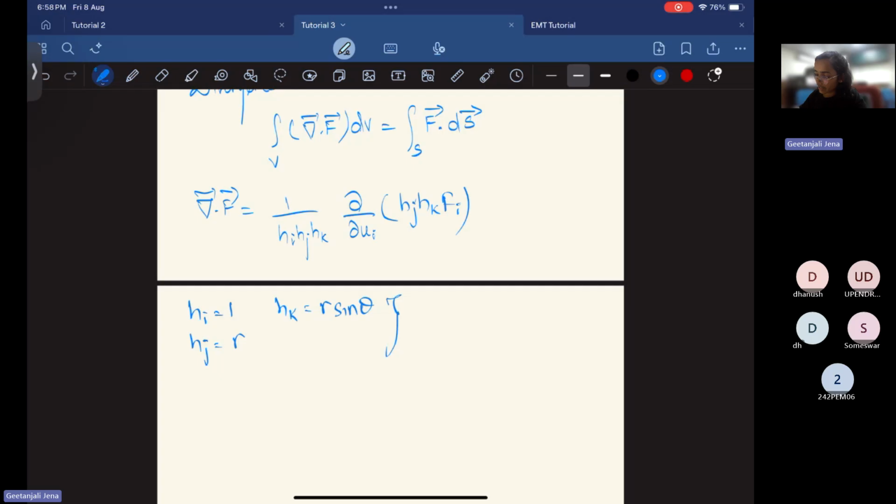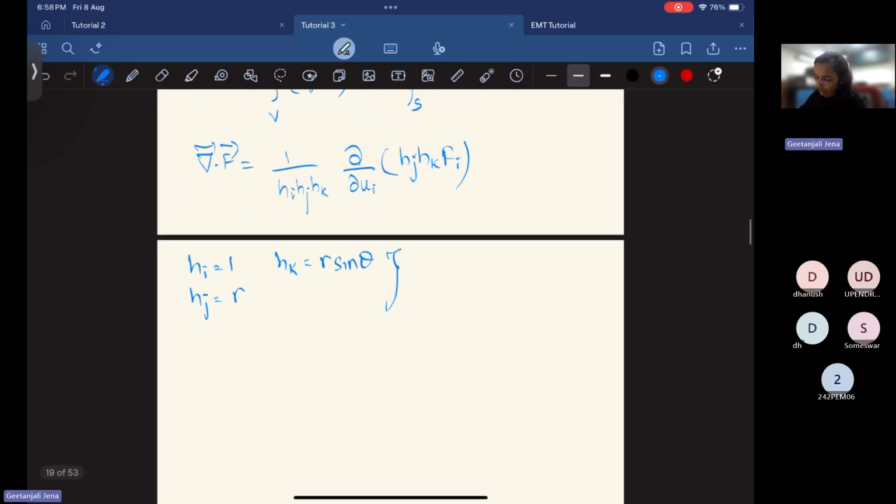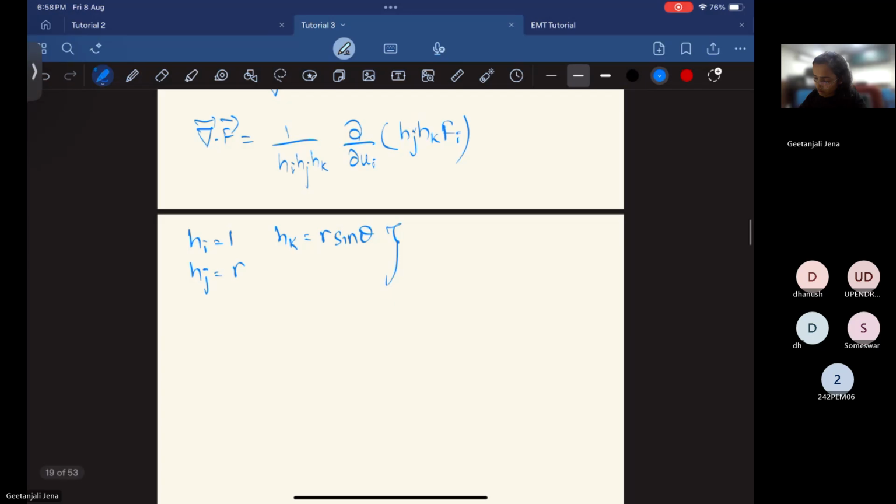So these are the scaling factors. So now the divergence of F is the divergence of the r component plus the theta component plus the phi component.